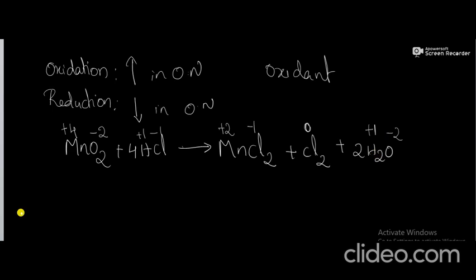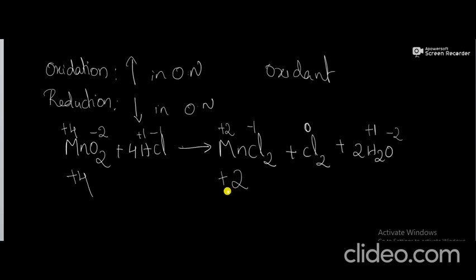It is seen that the oxidation number of manganese decreases, here +4, here +2. So the oxidation number of manganese decreases from +4 to +2, indicating that manganese oxide has undergone reduction to manganese chloride.